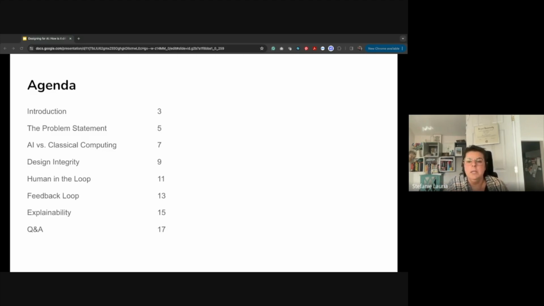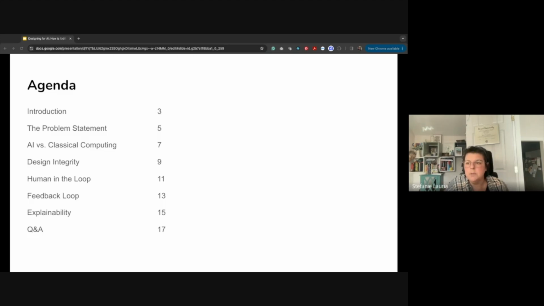Design has been in the zeitgeist, especially because of ChatGPT and generative AI, and it's become the sexy thing. Everybody's wanting to get their hands on it. But a lot of the time we're trying to retrofit the solution into the problem, and AI is not going to solve all of our problems, depending on what that problem is. So defining the problem statement will be very important.